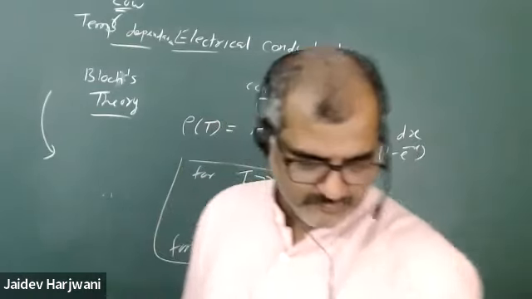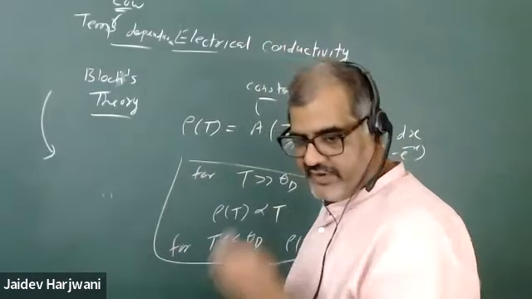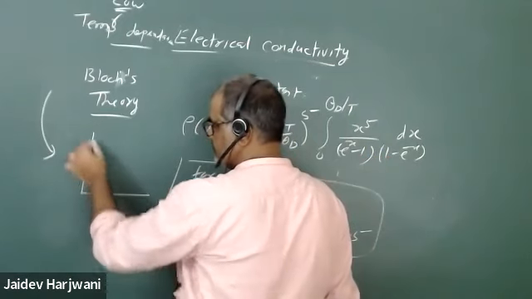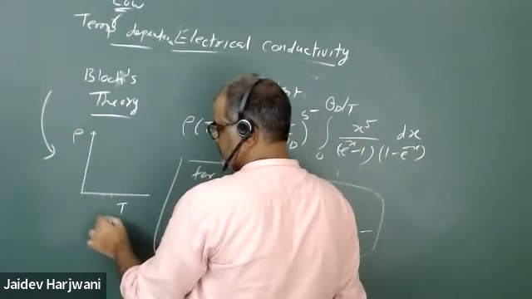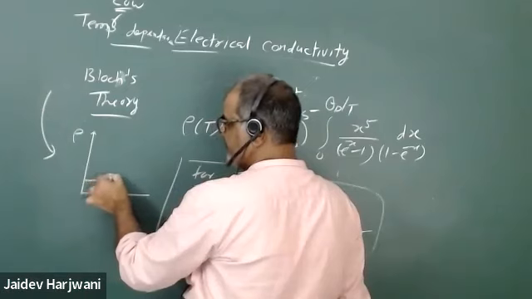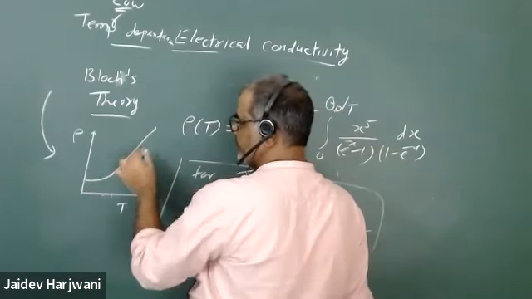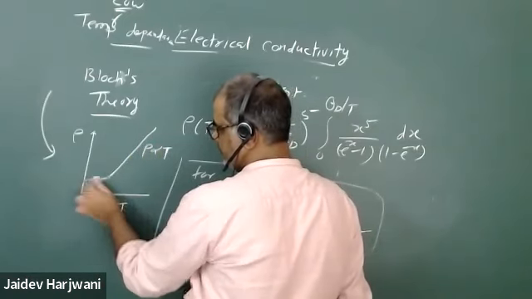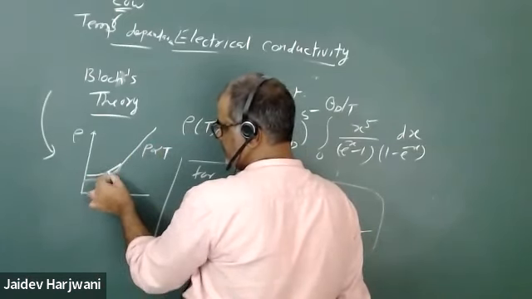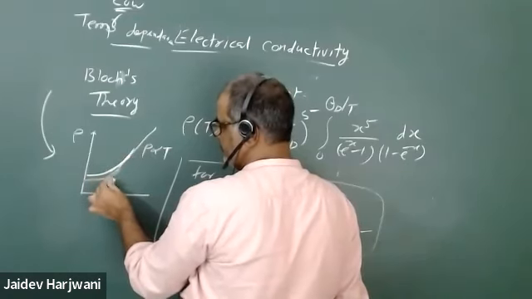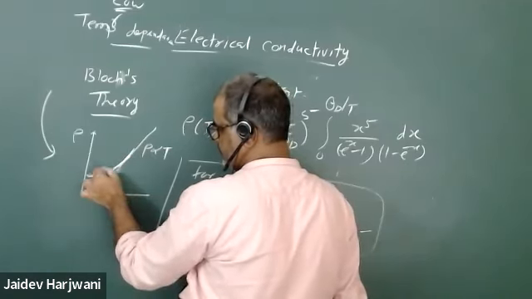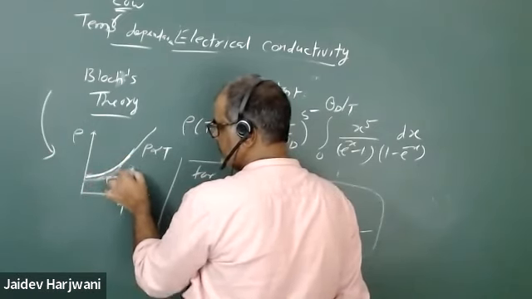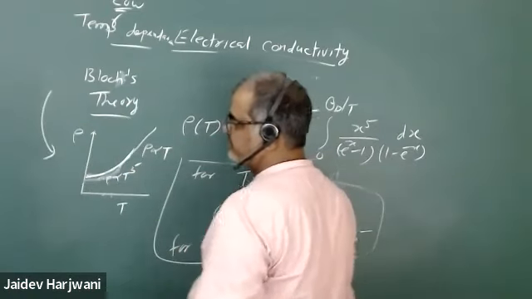This is the dependence on temperature. So when I plot electric resistivity versus temperature, at low temperature it varies as T^5, and at high temperature, above the Debye temperature, it is proportional to T. At small temperature rho goes as T power 5.